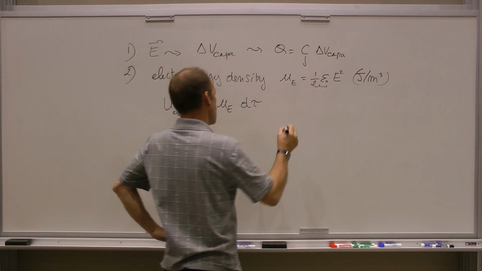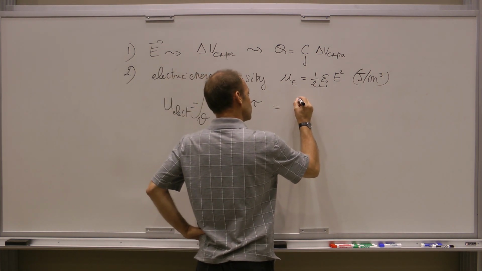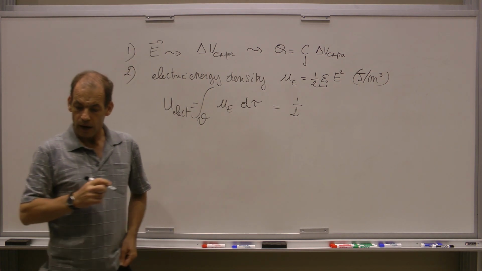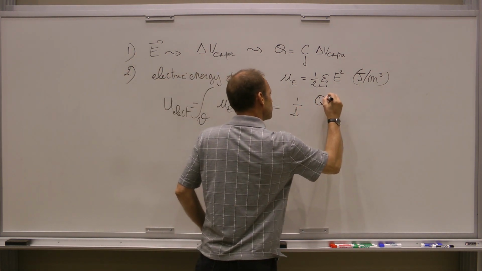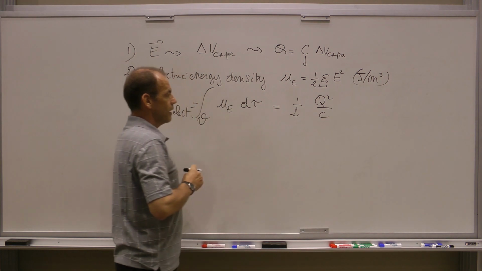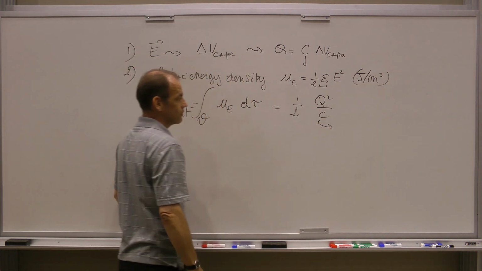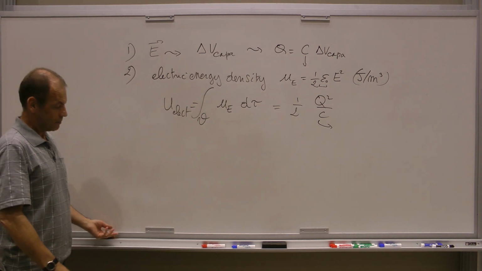And then you relate that to 1/2 of Q squared over C. And out of this, you'll be able to extract the capacitance of your capacitor.